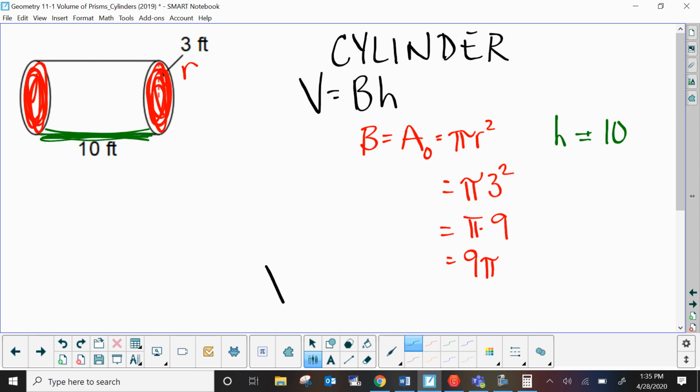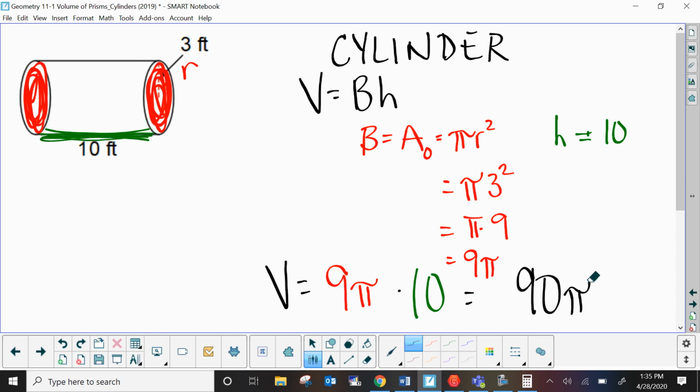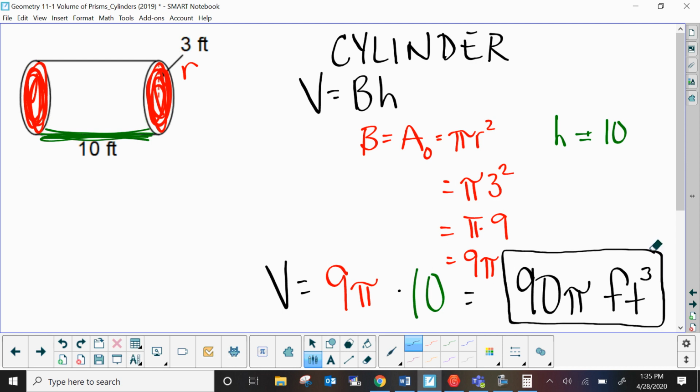So the volume is equal to capital B, which we found to be 9 pi, times the height of this cylinder, which is 10. If I multiply that, I end up with 90 pi, and it's units cubed. So it was feet cubed. This represents the volume of that cylinder. That's the amount of stuff we can put inside that cylinder.